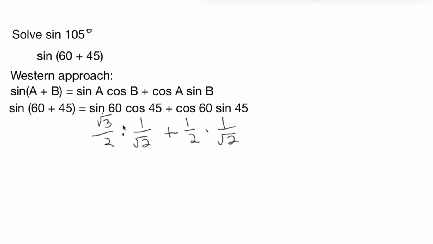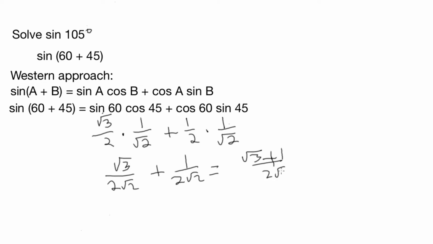So first, we're going to get one numerator for both expressions and then combine even that. So here, we'll just make it radical 3 over 2 radical 2 plus 1 over 2 radical 2. We combine the numerator. We have radical 3 plus 1 over 2 radical 2.